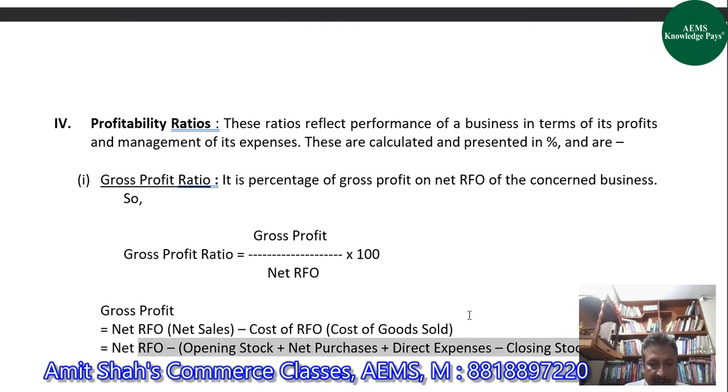This is the formula of cost of RFO or cost of goods sold. If you see this carefully, you will find that this is nothing but presentation of trading account of a business in form of equation.